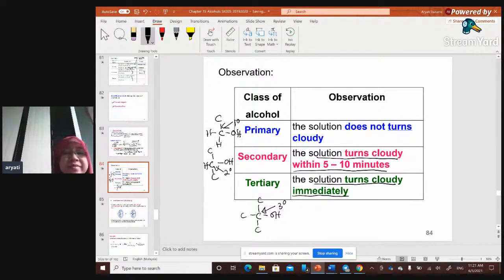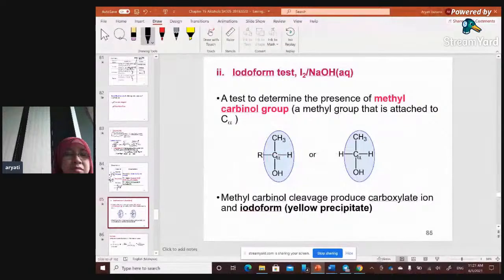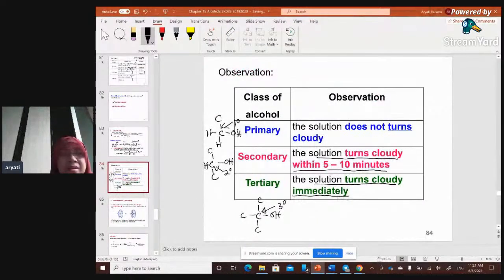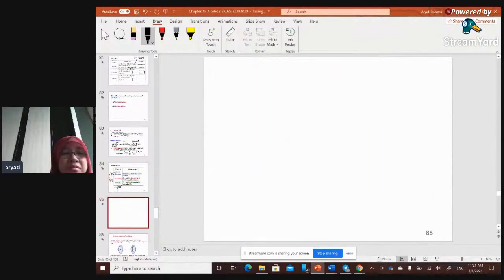Okay, so I give you some equations related to the Lucas test. For example, in our lab practical class, we used 2-methyl-2-propanol, if I am not mistaken.